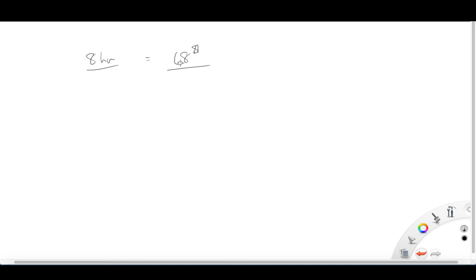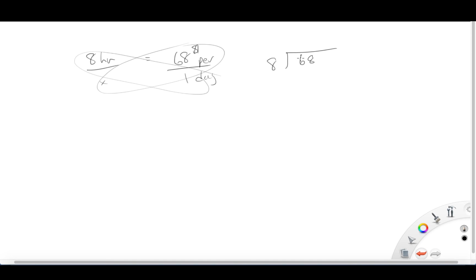Well, 68 and 8 will have to be divided so that you can find her hourly rate. So this is per day, right? If we're going to solve this, we have to cross multiply, and what this will end up doing is a division problem.